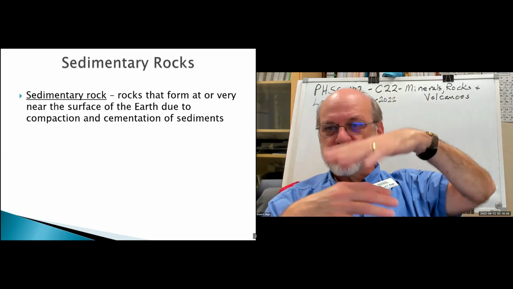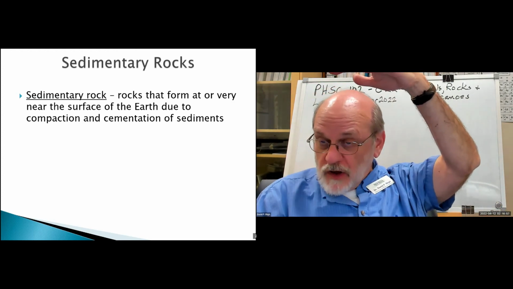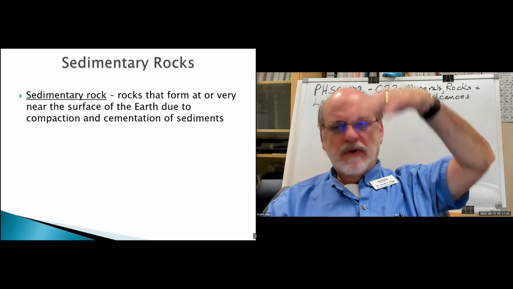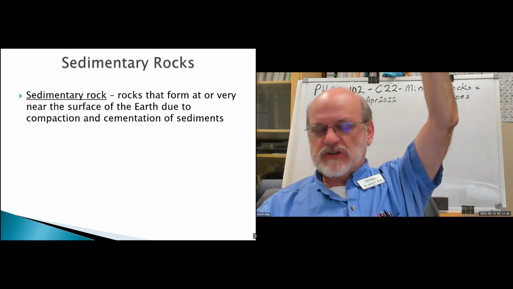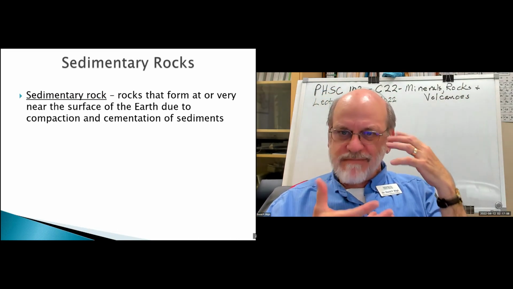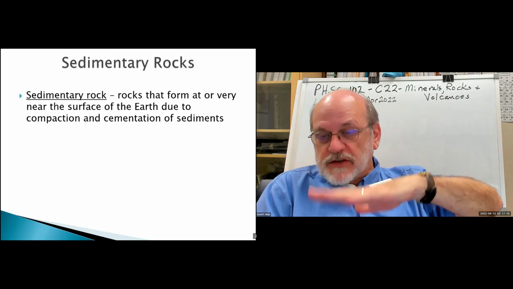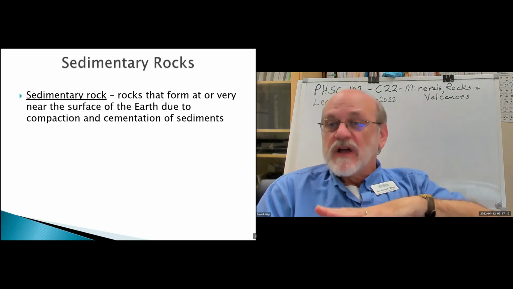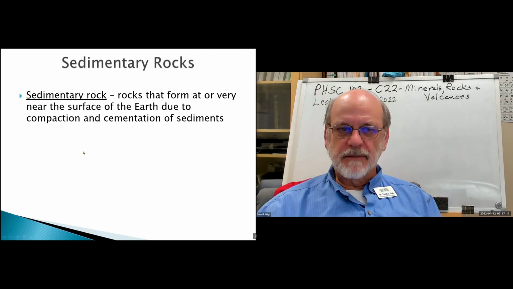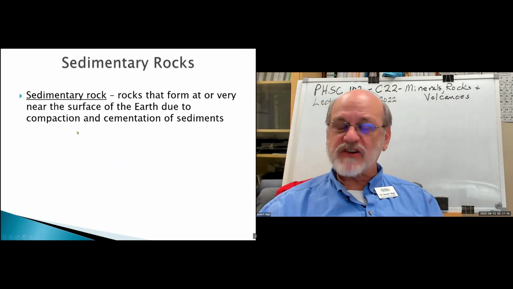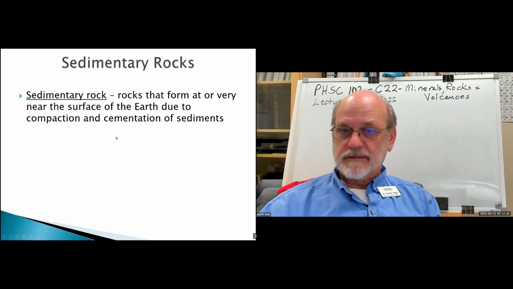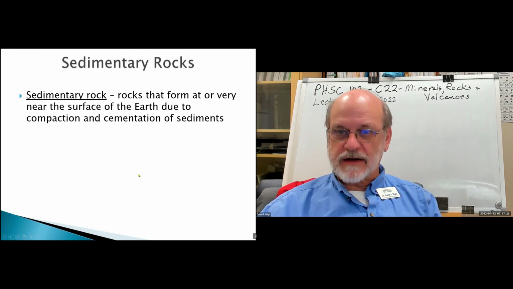And then as the layers build up, pressure on the lower layers increases, and you can get miles of accumulation above rock. And once you build up that massive pressure, you tend to cement those pieces together and reform the structure in a process called compaction and cementation. You cement the particles together, and that gives you a new kind of mineral.